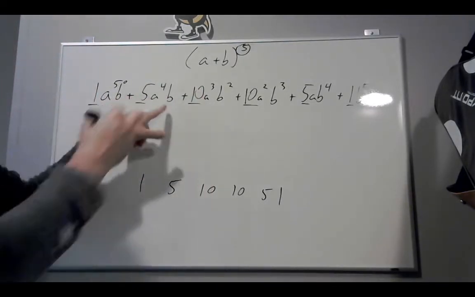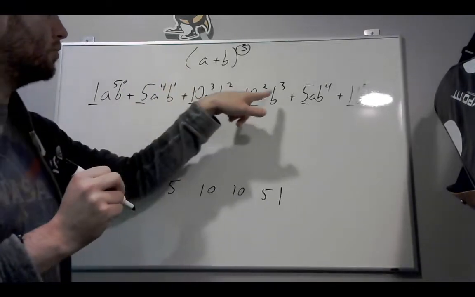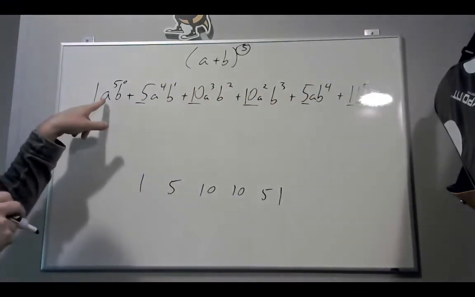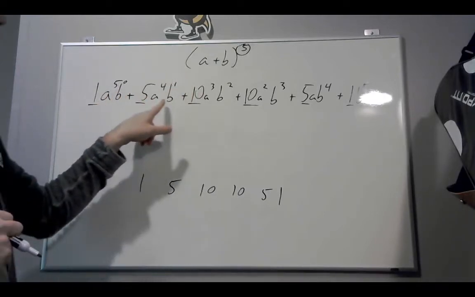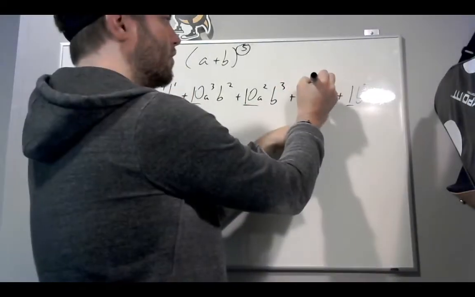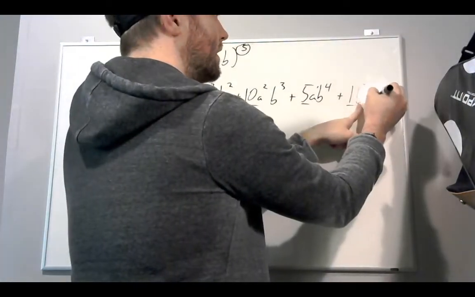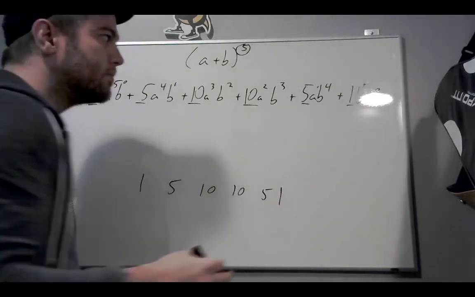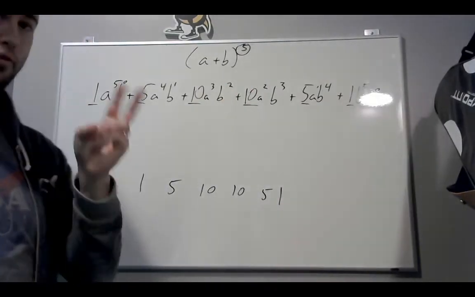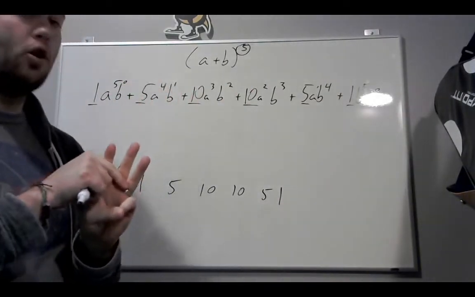So we have 0, 1, 2, 3, 4, 5. And for our a's, we were decreasing: a to the fifth, fourth, third, squared, first, and technically there is an a to the 0th here, but that is 1, so that's why it's not written. So those are the three patterns for a binomial expansion.